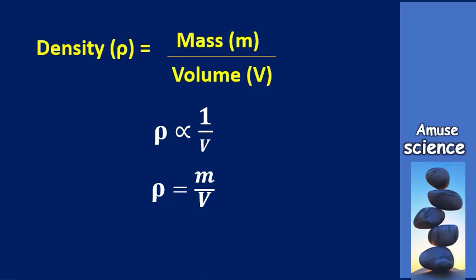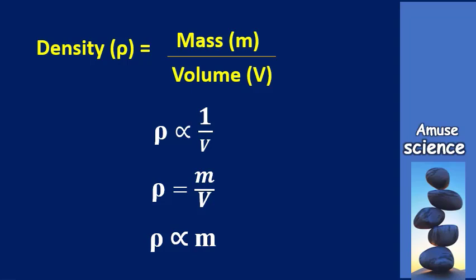Alright, what about the relationship between mass and density? We would realize that mass and density are directly proportional. This means that as you increase the mass of a system, you automatically increase the density, and as you decrease the mass, you automatically decrease the density.